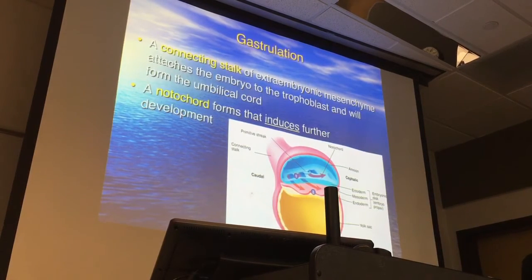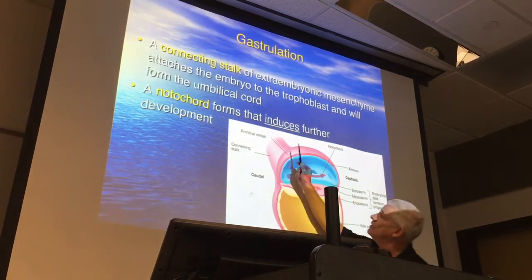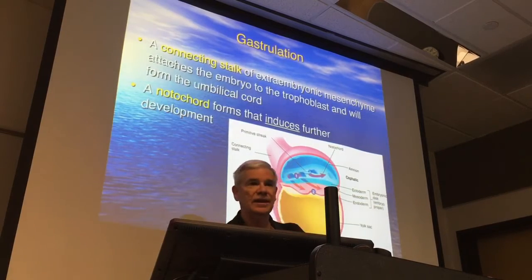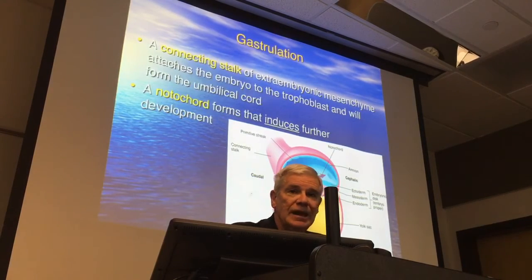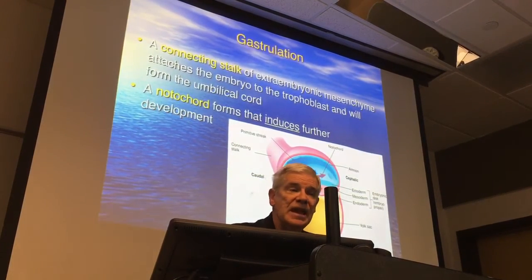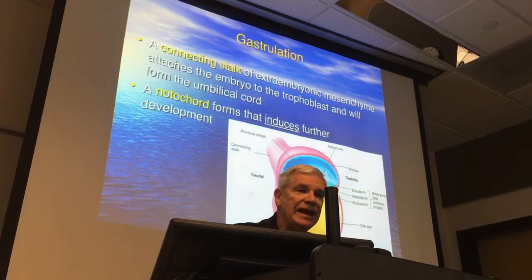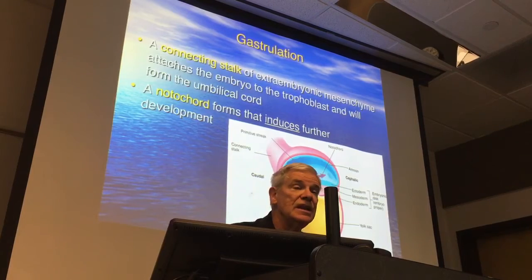Okay? Another structure that develops next to the primitive streak is the notochord. The notochord is a structure that identifies a vertebrate. As far as biological classification, every vertebrate has a notochord.